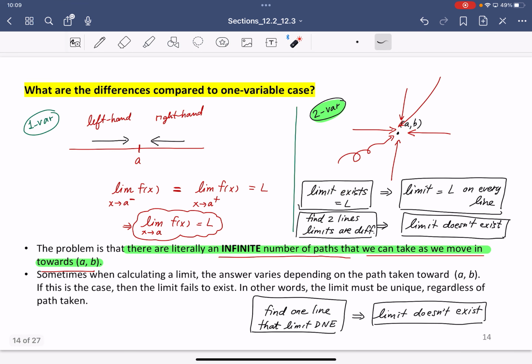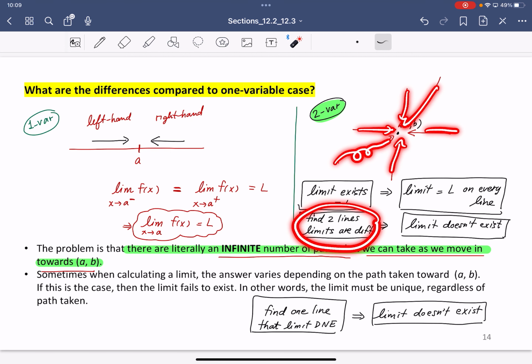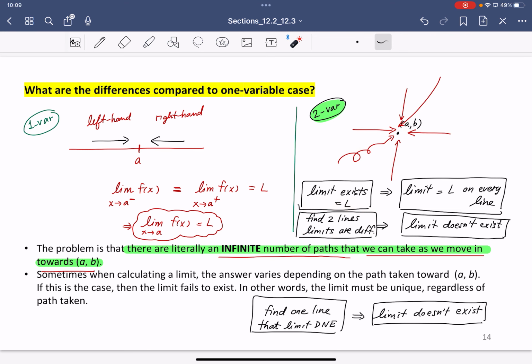And we also learned a new concept in two dimensions, that is because in two dimensions you have so many lines that you can go to (a,b) along. So it means if you can find two different lines along which the limits are different, you conclude immediately that the limit does not exist.